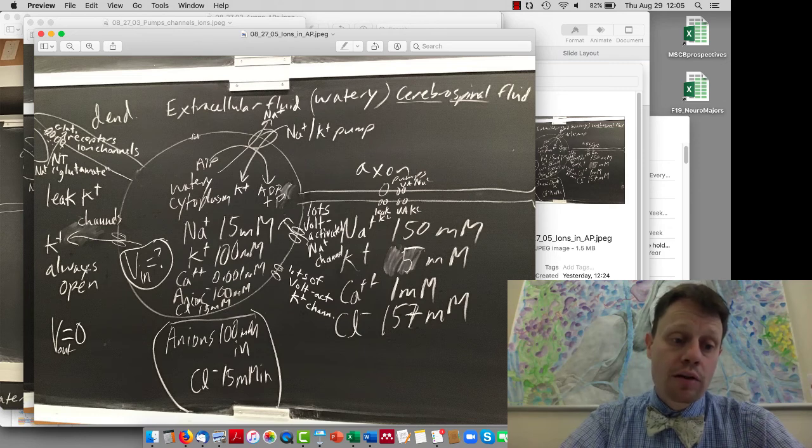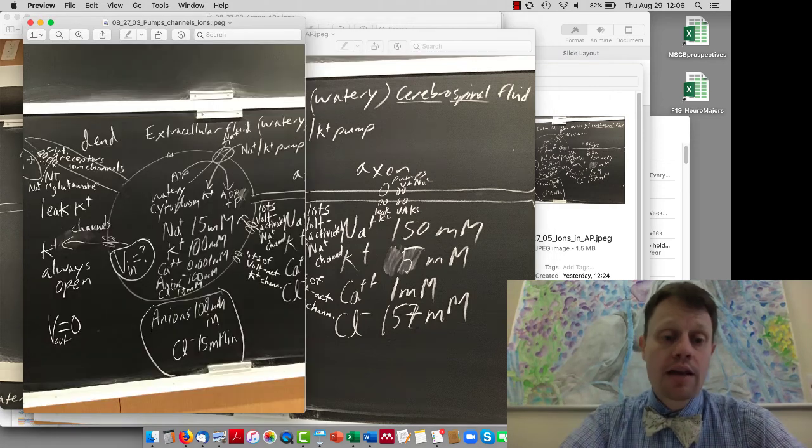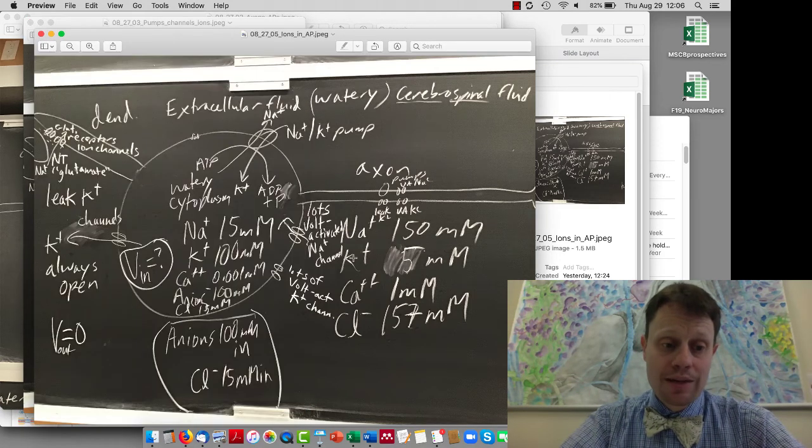There are also leak potassium channels. These are channels that are always open, and so a little bit of potassium is always leaking out of the cell. What that means is that inside the cell, if nothing else is going on, the cell's just hanging out, then the voltage inside is going to be negative with respect to the outside.